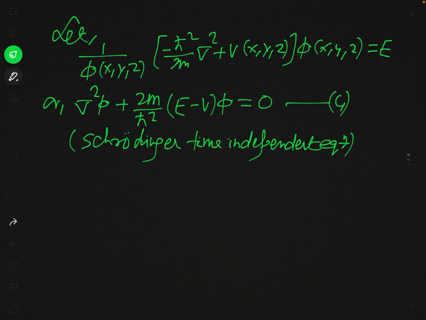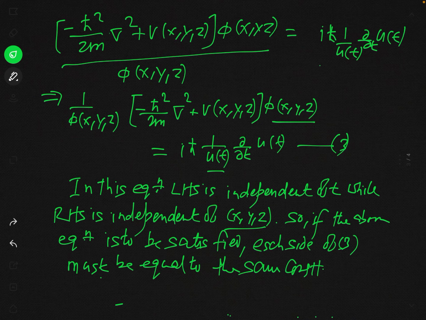Now we will also set the RHS of this equation to be equal to E, and you can see what is the RHS of this equation. This is i h bar 1 over u of t del t u of t.